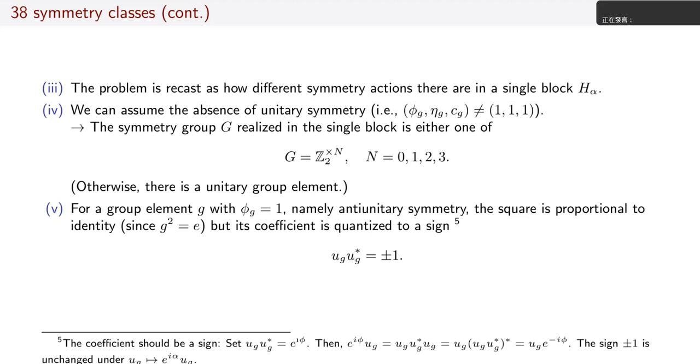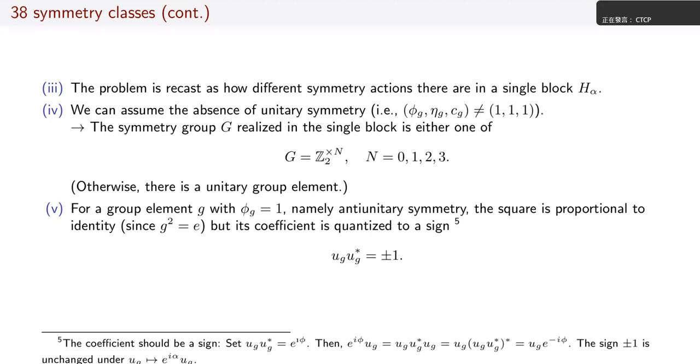As a group element, this square is identity, but its representation is not identity. In general, for a group element which is anti-unitary and which is G2, such square in the representation is either +1 or -1, which you can prove.